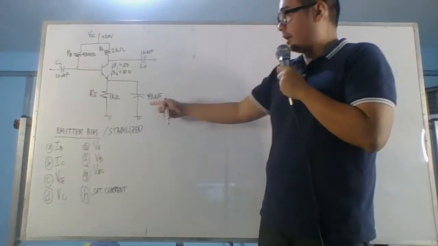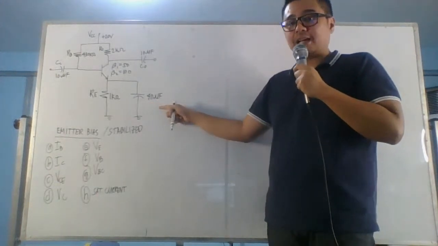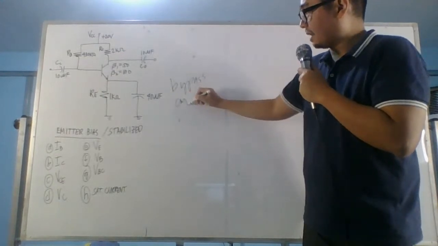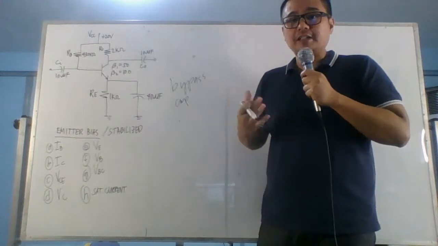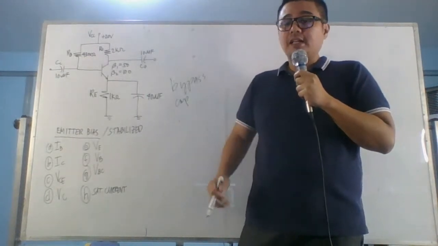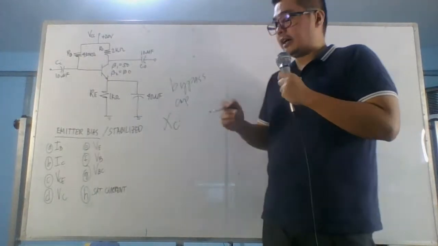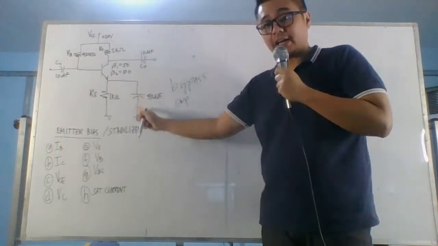Okay, and then you have here, this is called a bypass capacitor. Ang bypass capacitor, makikita natin effect niyan pagdating sa AC analysis because we all know na ang capacitive reactance X sub C under AC conditions kapag mataas yung frequency ay nagiging wire.